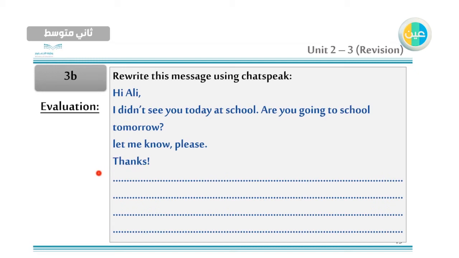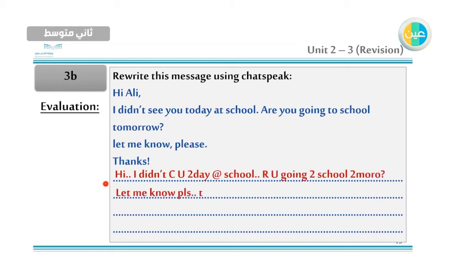Okay. And here's how it looks after using chat speak. We will go through it one at a time. So, hi Ali. We don't need to mention the name because I'm texting Ali directly to his phone, so I don't need to write down his name.